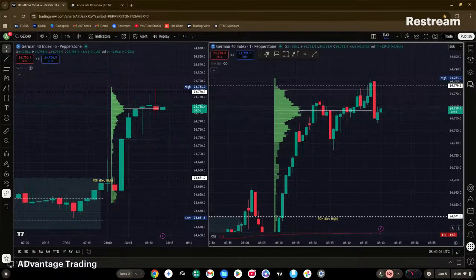But I now understand why price moves when it does, because it's all to do with what's called auction market theory. The stock market is just one big auction between buyers and sellers, and it's this constant tussle to try and figure out what the fair value is of that asset at that moment.